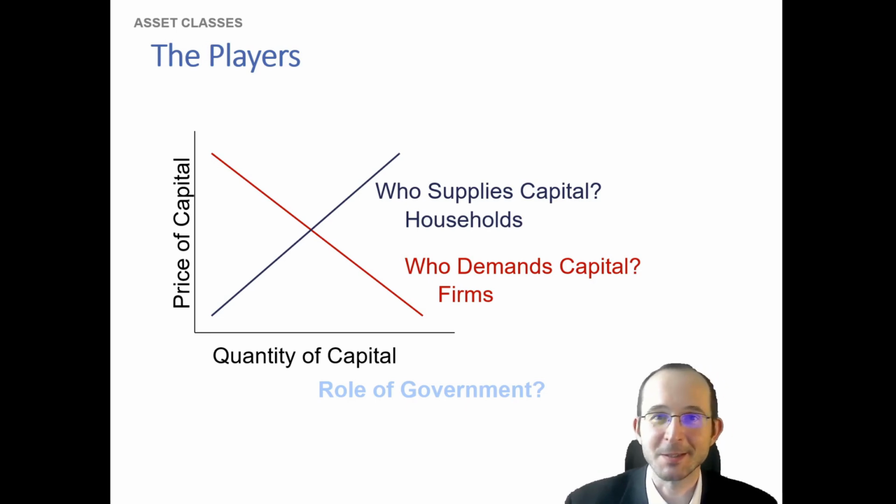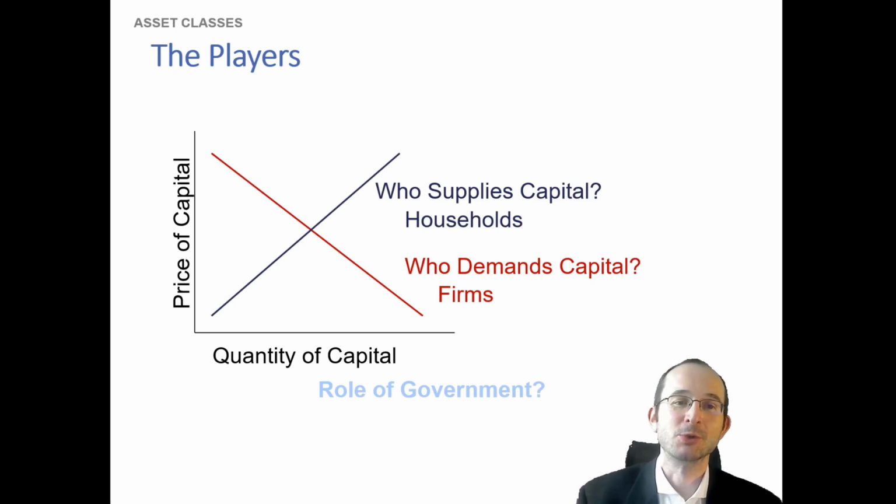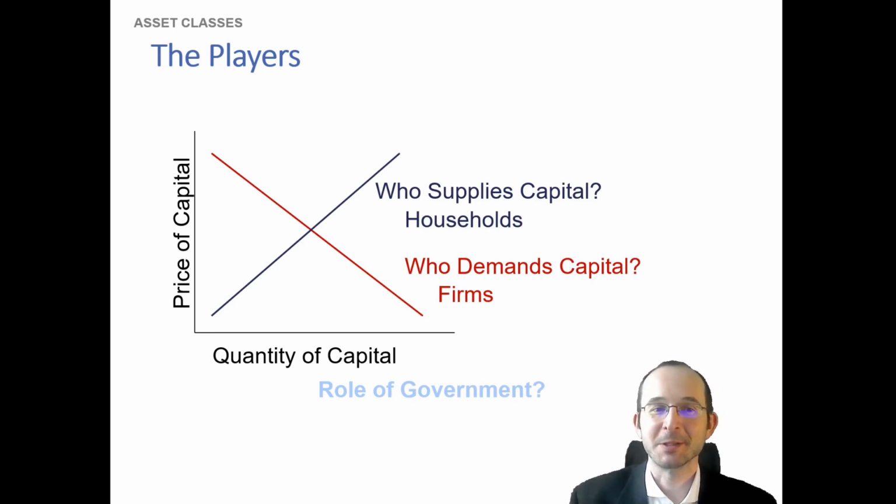You're going to have to invest in something that earns a 10% or greater rate of return. If you fail to earn that rate, you will go bankrupt. So you'll be very careful about actually choosing to accept that expensive capital. But as its price, in other words, its required rate of return goes down, you may actually be more and more comfortable deploying capital, and so you will demand a greater amount of it.